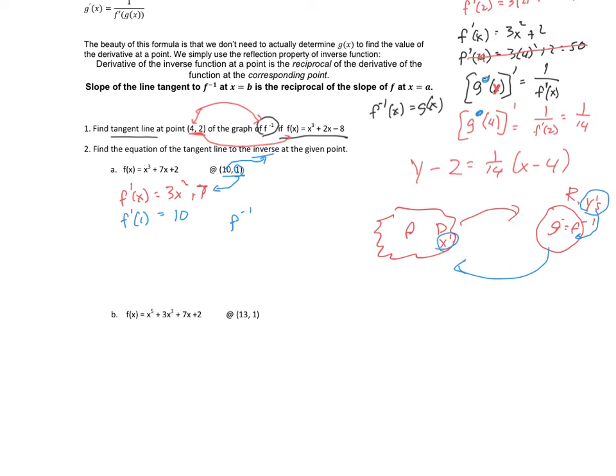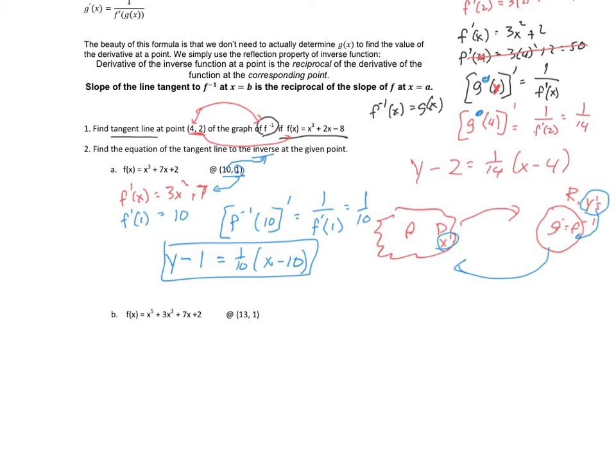If I'm looking for the inverse evaluated at 10, and I want the derivative of that, that is going to equal 1 over the original F's derivative evaluated at 1. So that's going to be 1/10. Then my equation of my tangent line is going to be y minus 1 is equal to 1/10 (x minus 10).